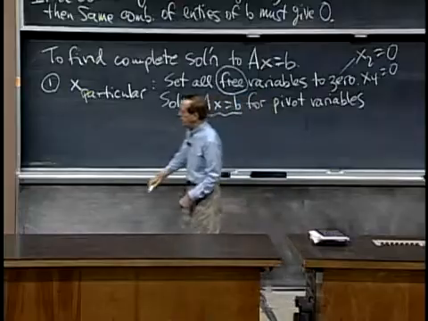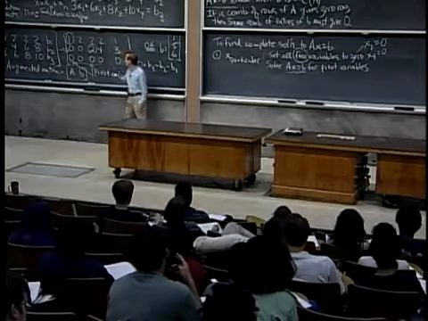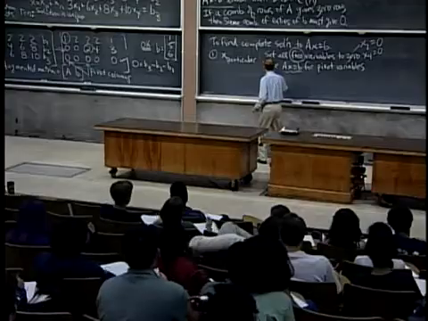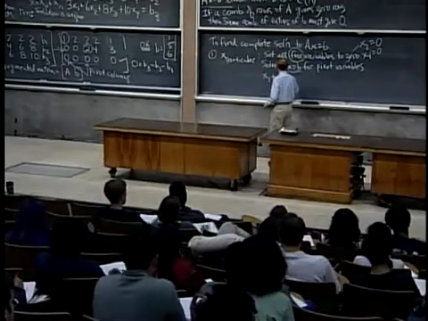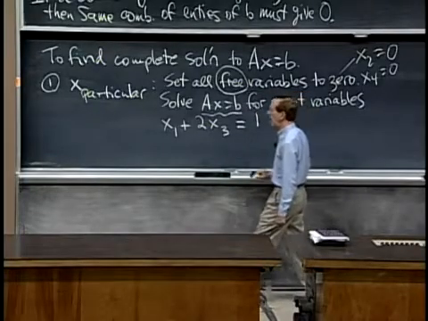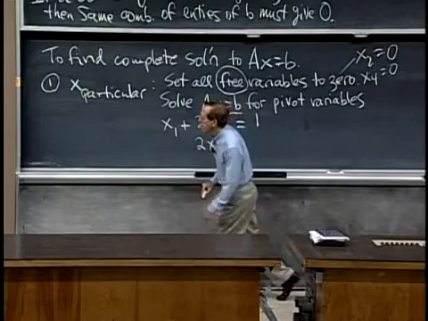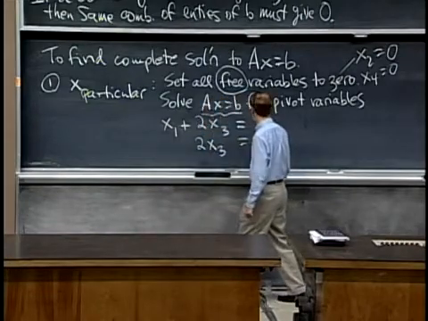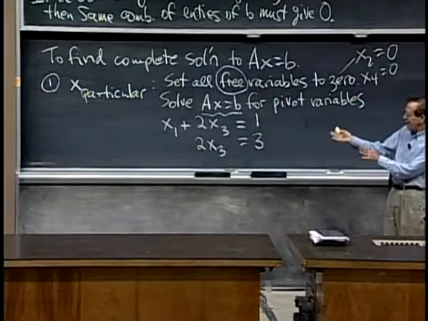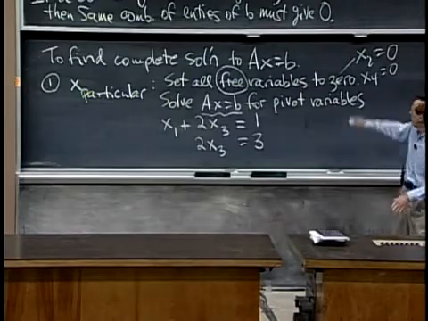Now I'm not using the 2 free columns. I'm only using the pivot columns. So I'm really left with x1, the first equation is just x1 plus 2 x3 equals the right-hand side, which we picked to be a 1. And the second equation is 2 x3, as it happened, turned out to be 3. I just write it again here with the x2 and the x4 knocked out, since we set them to 0.